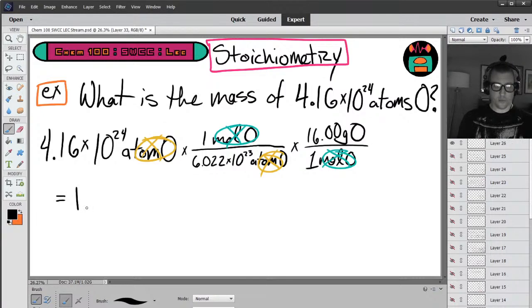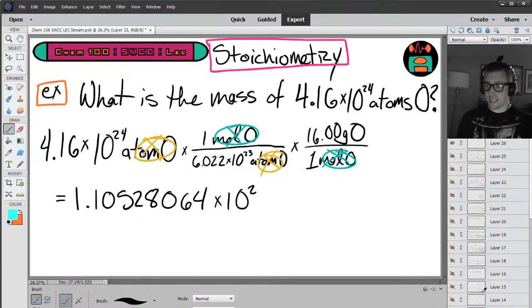So my calculator's telling me that my answer is 1.1052806 times 10 to the second power. Sig figs wise, we got to go with our fewest. 16.00 has 4. Avogadro's number has 4 sig figs.